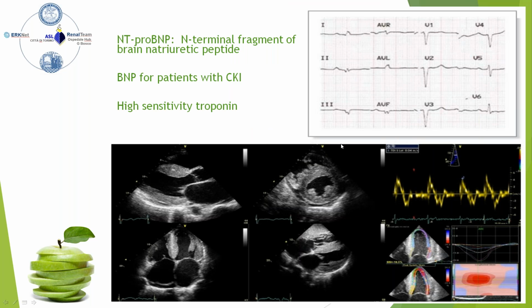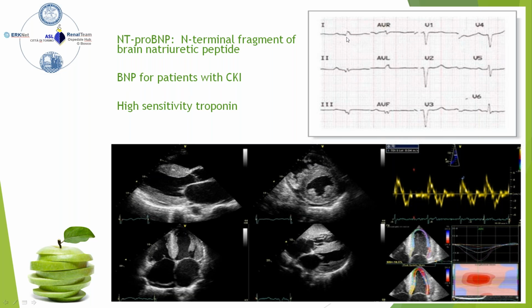Involvement of the heart is associated with diastolic heart failure with a restrictive pattern, and involves the increase of markers of myocardial necrosis such as troponin, and of heart failure such as NT-proBNP and BNP.